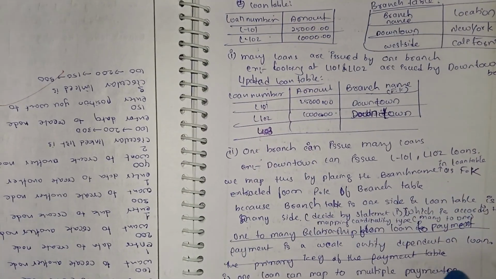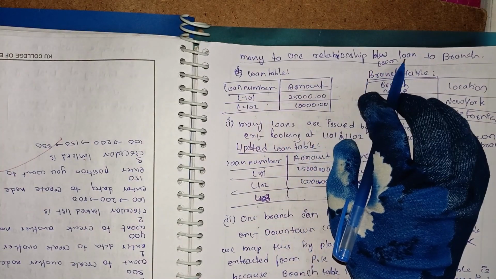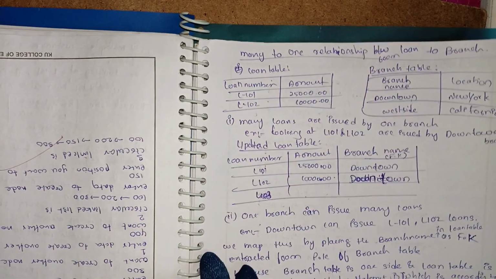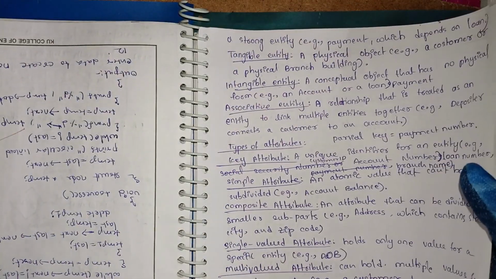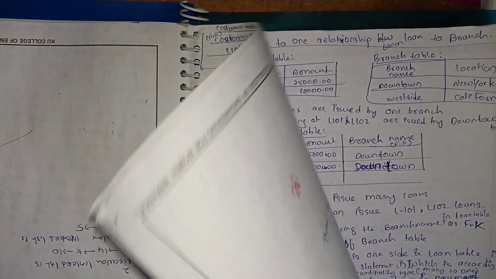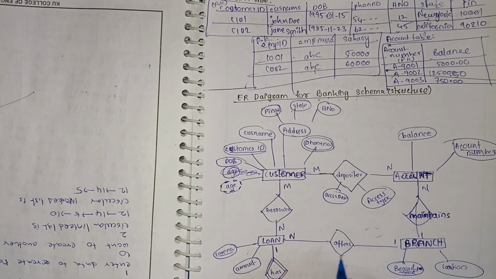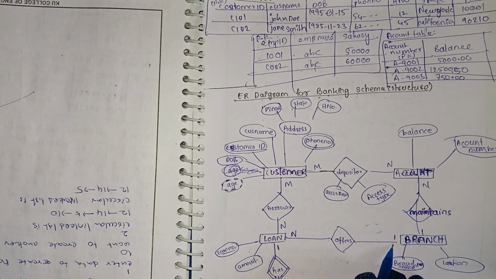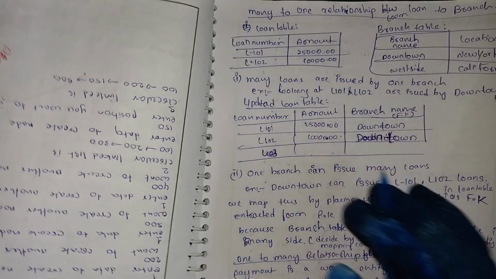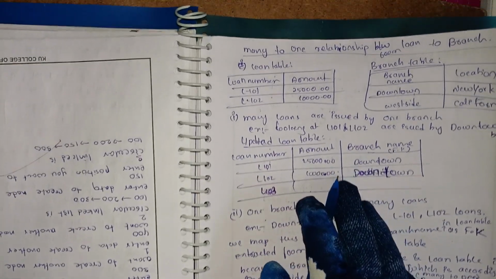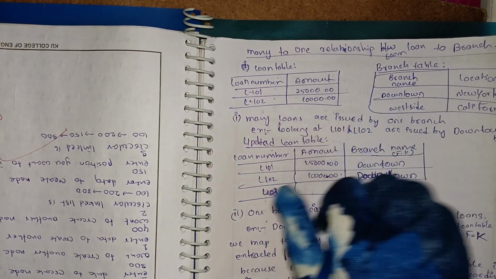And then many to one relationship from loan to branch. In the ER diagram, loan to branch has a many to one relationship. Means we are reading from left to right. So loan table is there and branch table is there.